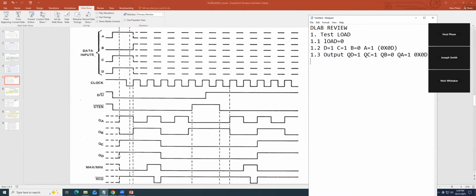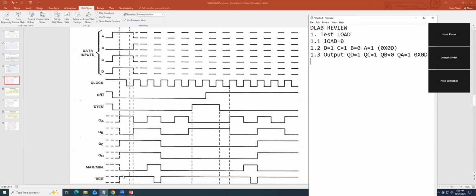That's what I want the student to look into, the timing. They understand. And now if they look on the output, maximum minimum and RCO, you can see max min will be zero, right? Max min is 0 and RCO is 1. Right. Okay.